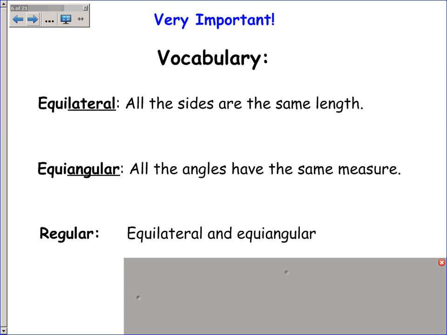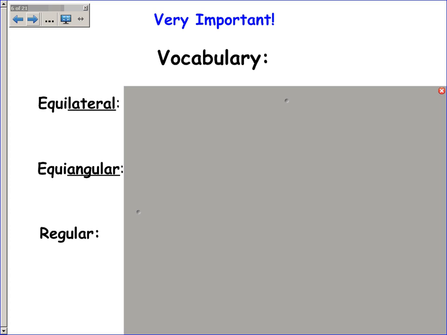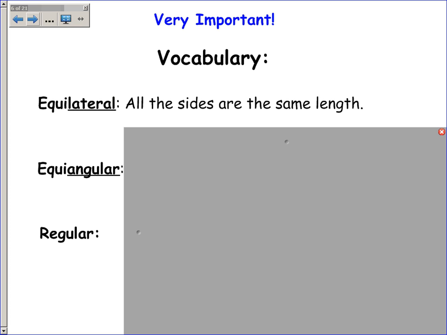Here is some other vocabulary that's important for you to know. Equilateral, I think we talked about this briefly when we talked about triangles, but equilateral is a polygon where all the sides are the same length. The word lateral means side, kind of like a lateral pass in football is a side pass. So equilateral is where all the sides are equal.